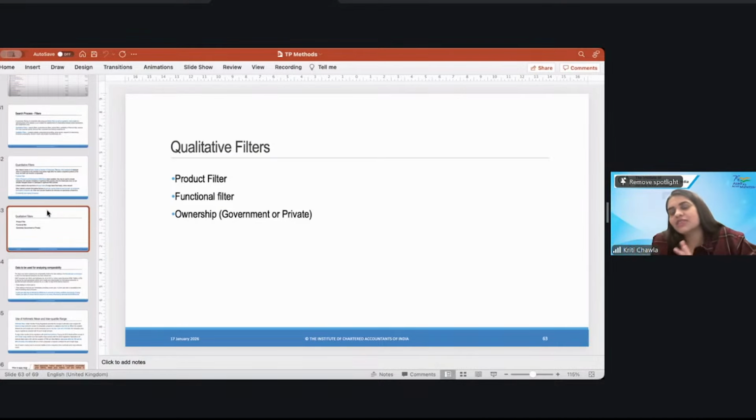So this is one exercise which is a little tedious, but this will actually help you get companies very close to the taxpayer. This is a manual exercise, and this is also called an accept reject matrix that we make from a transfer pricing perspective. So we accept or reject companies.